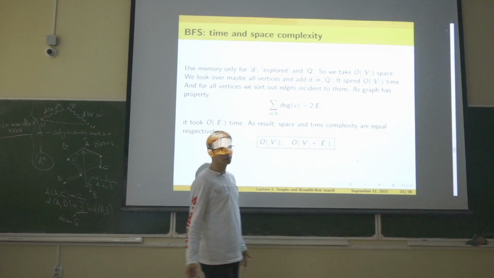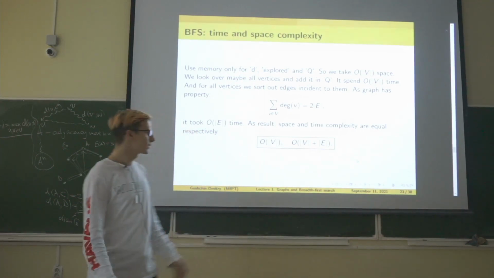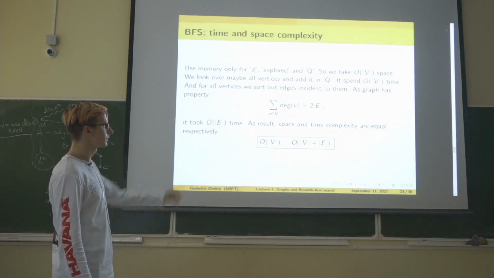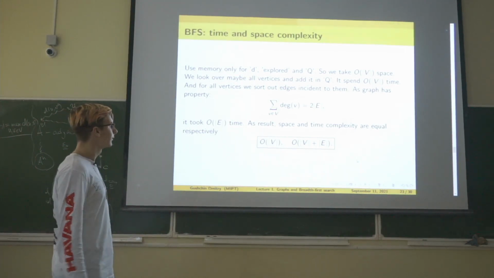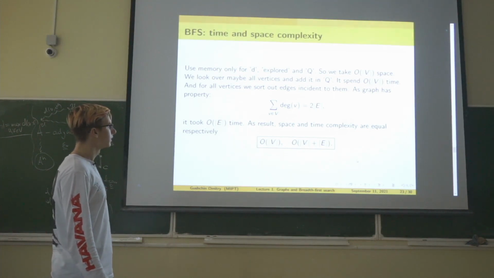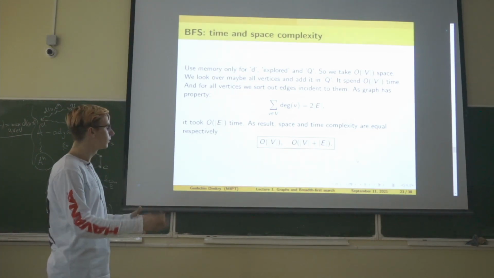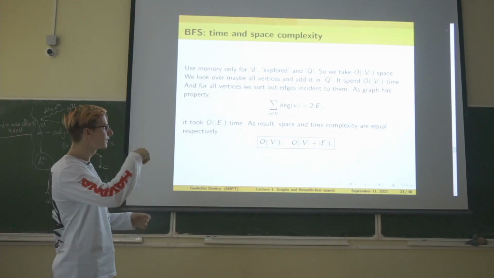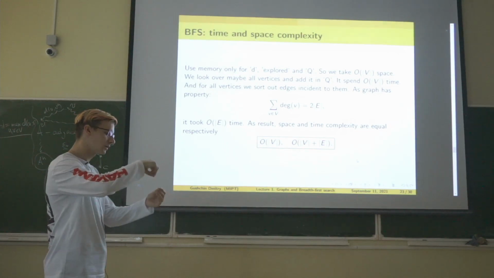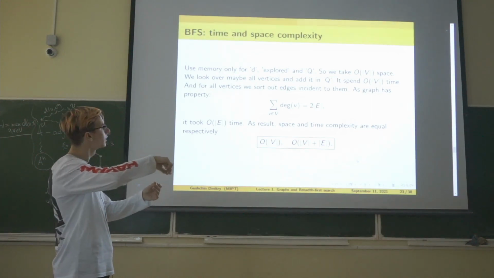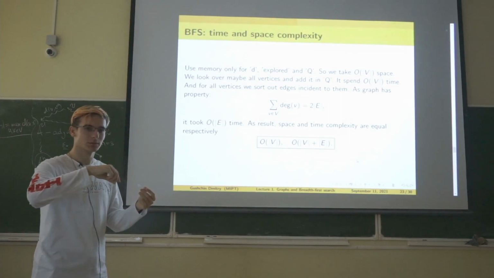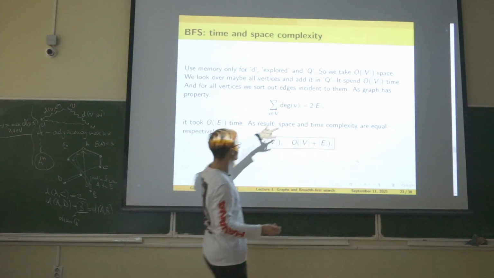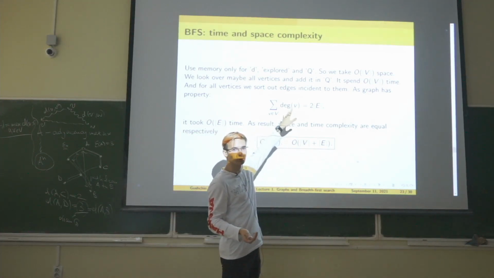But we don't know anything about the graph, and in the worst case, we spend O of the number of vertices time to count all of them in Q. And for all of them, we need to count every adjacent vertex. And the number of adjacent vertices is equal to the degree of the vertex by definition.